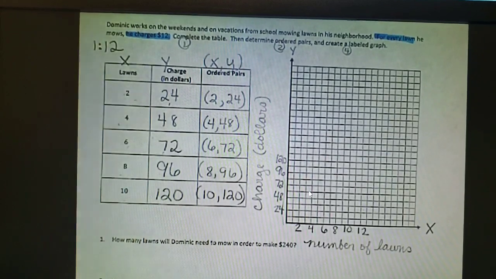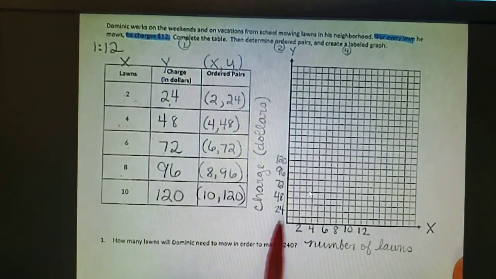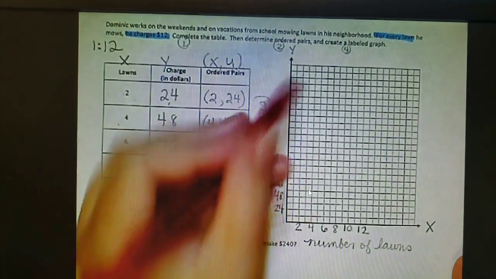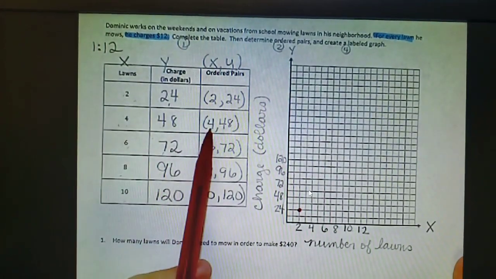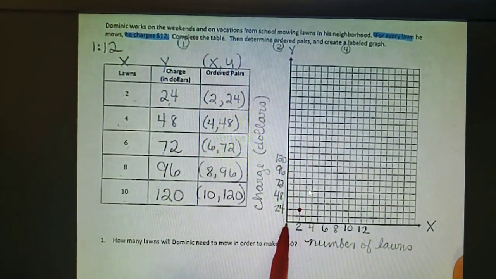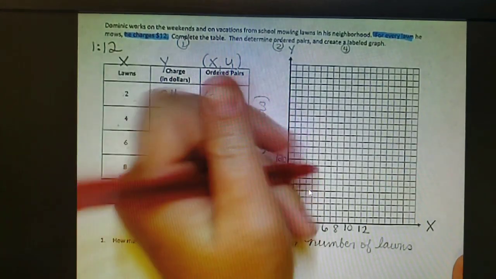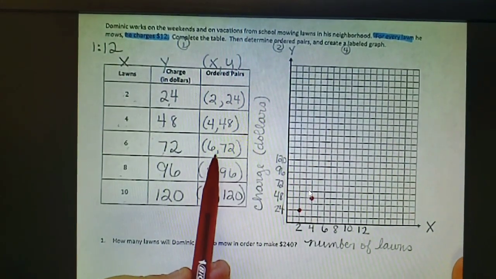Okay, and then your next task is to graph it. So we have 2 and 24. So we start at the origin, we go over 2 on the X, up to 24 on the Y. Okay, the next one is 4 and 48. So we start at the origin, we go to 4, and then we go up to 48. Then we have 6 and 72.